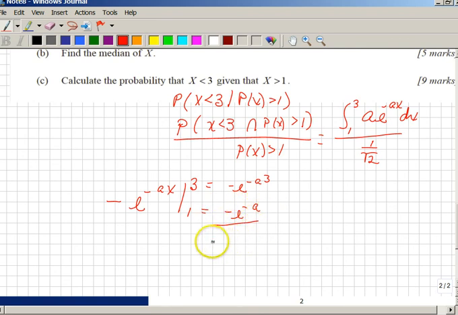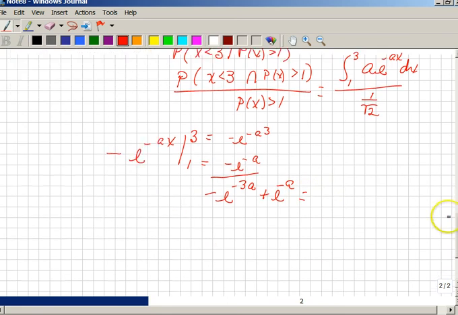So carefully watching those signs, we get negative e to the negative 3a minus the negative, so that becomes plus e to the negative a. And I think I'll just go ahead and clean this up a little bit. Remember, this is our big numerator in the problem.